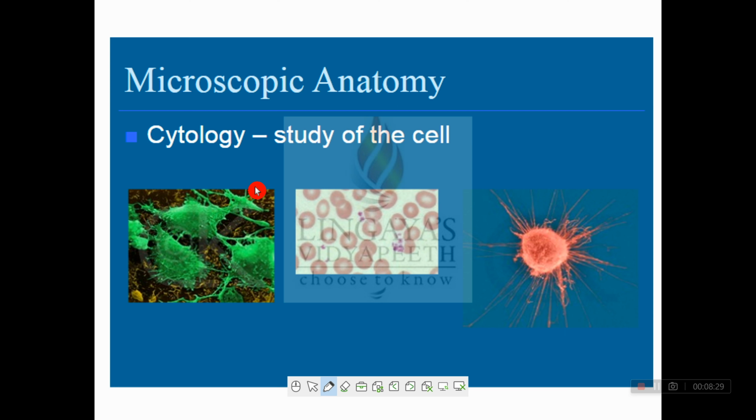So cytology is included. Cytology is an example of microscopic anatomy, that is, how these cells look, how the tissues look. This is a part of microscopic anatomy.